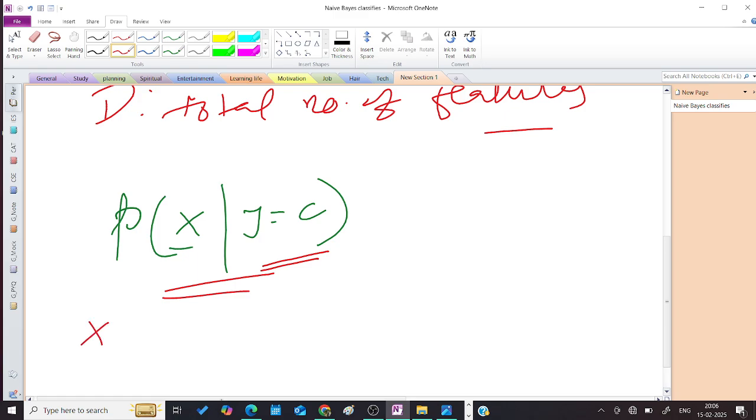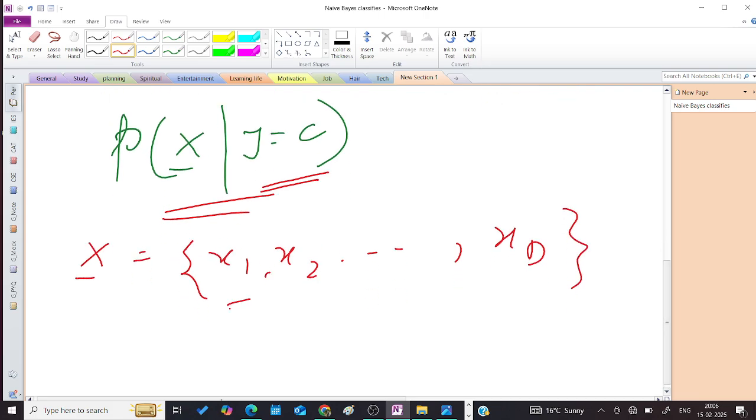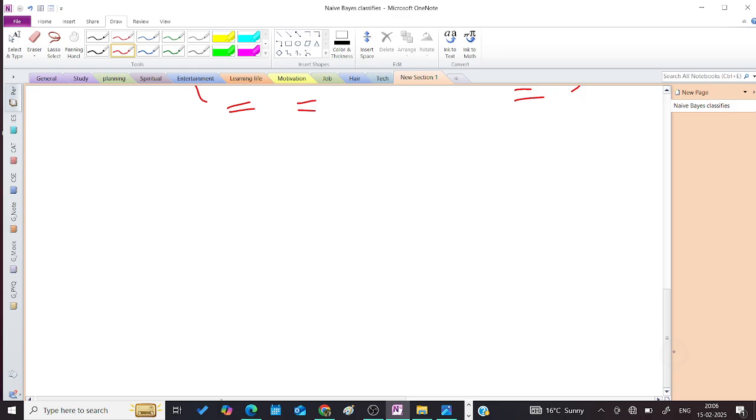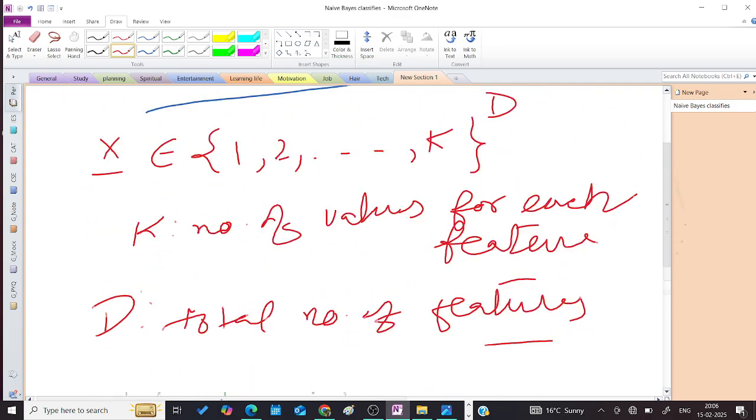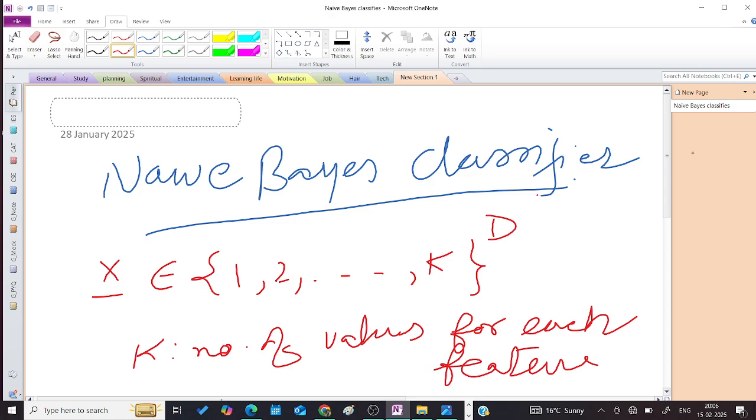So x1, x2, xd, all these features are independent of each other. This is our assumption for this naive Bayes classifier. This is also known as NBC.